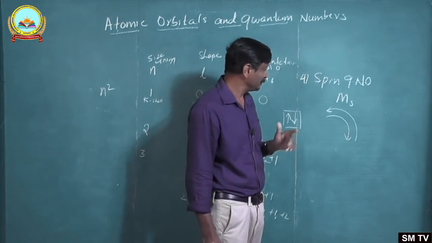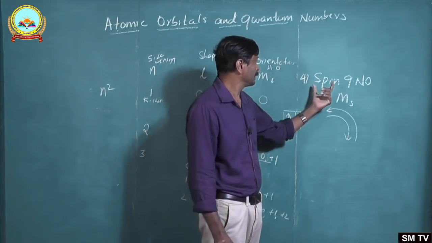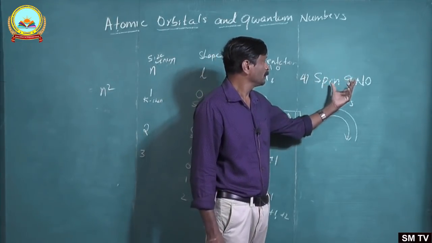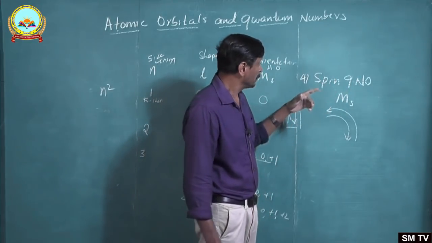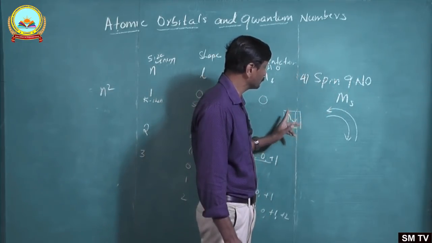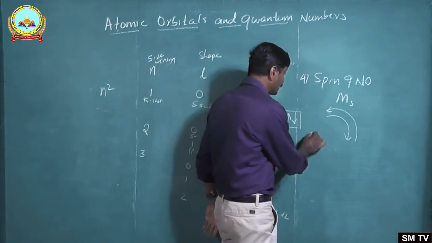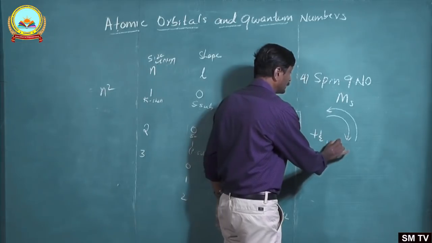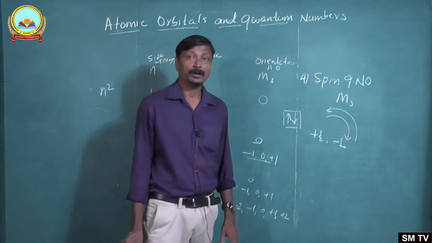That means the electron has 2 spin states, one is plus half, another is minus half. That is, the spin quantum number has 2 values.